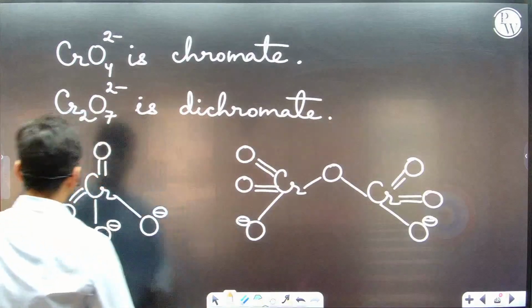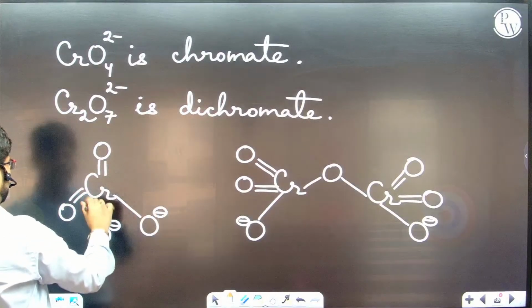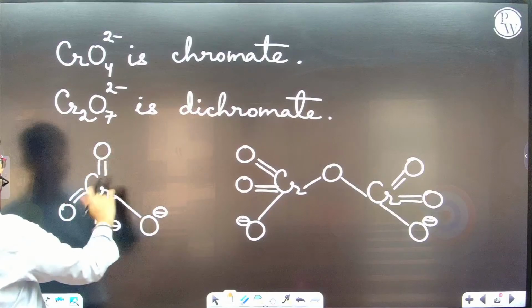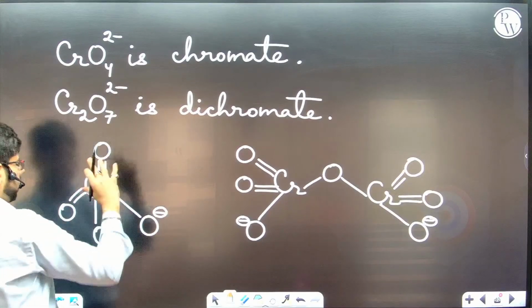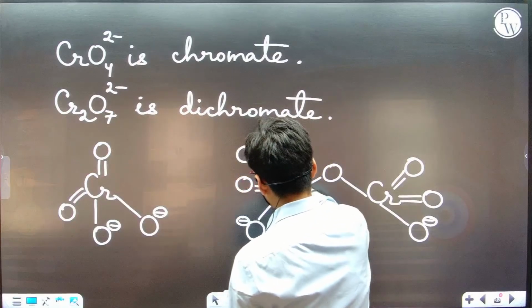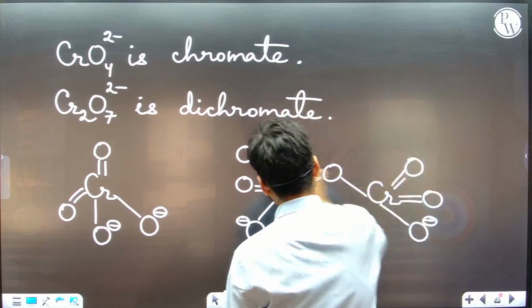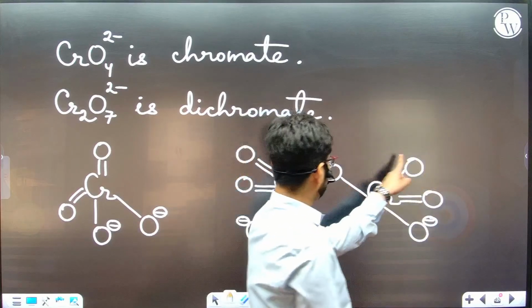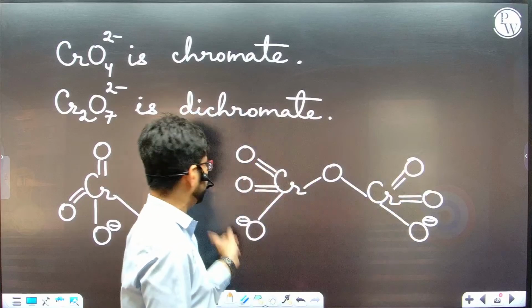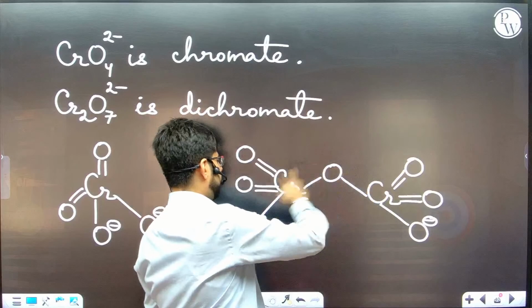Now here all the Cr-O bond lengths are equal. Because of resonance we'll have identical bond lengths here, here, here as well as here. That means all the 4 Cr-O bonds are of equal length here, but here it's not like that. These 6 Cr-O bonds are of equal length, whereas this and this are of different length as compared to these.